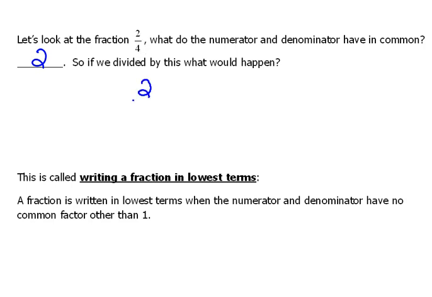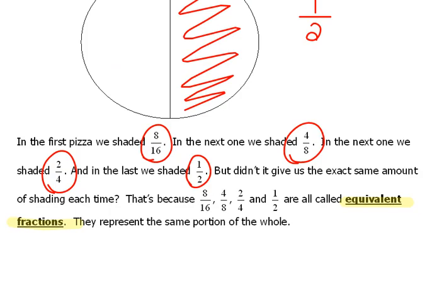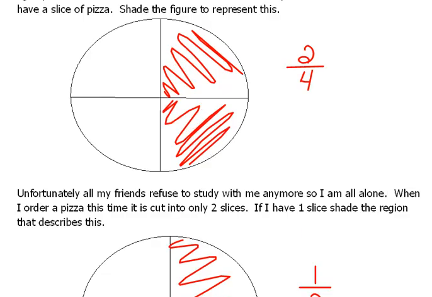So if I were to divide the numerator by 2 and the denominator by 2, I would end up with 2 divided by 2 is 1, 4 divided by 2 is 2, so again I would end up with 1/2. And if I can go back to that same picture, when we shaded in 2 out of those 4 pieces, isn't that half of that pizza?